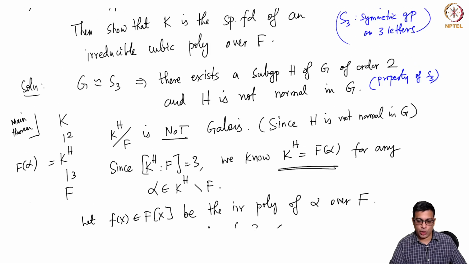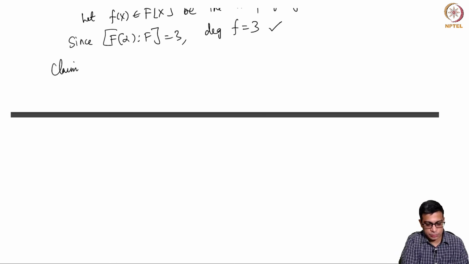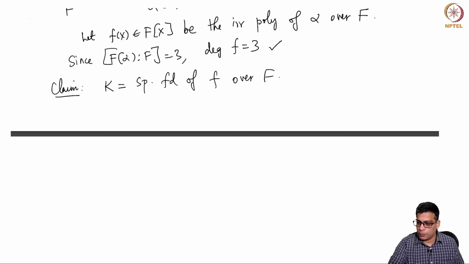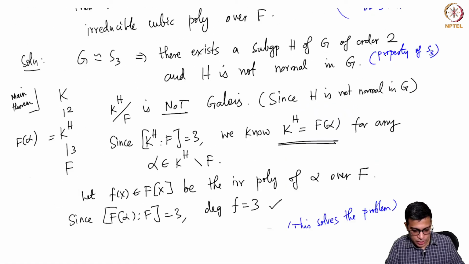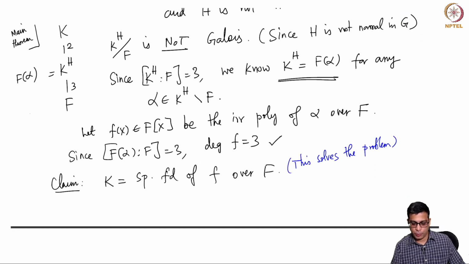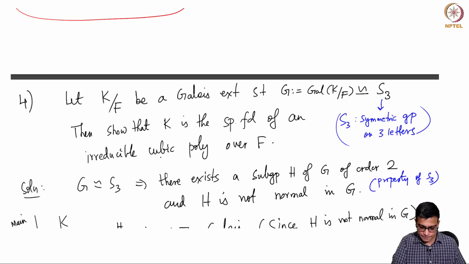So this is going to be my cubic irreducible polynomial. The claim is K is equal to the splitting field of f over capital F. This proves the problem, because I am asked to show that K is a splitting field of an irreducible cubic polynomial. It is a cubic polynomial, cubic meaning degree 3, of course.